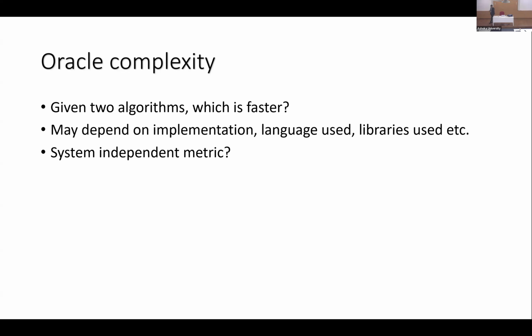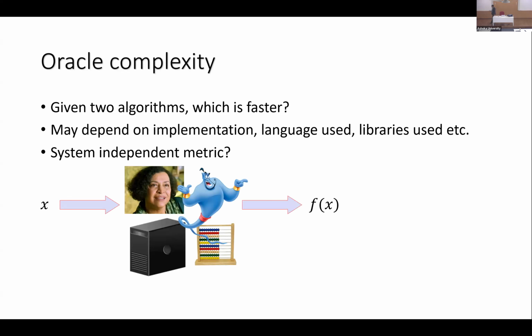So is there a system independent metric? Another question arises: is there a metric that we can use which is independent of the implementation language used and libraries? So what would be that metric? That is the Oracle complexity metric. So what is the idea? There is an oracle to which I give x and it calculates f(x), right?